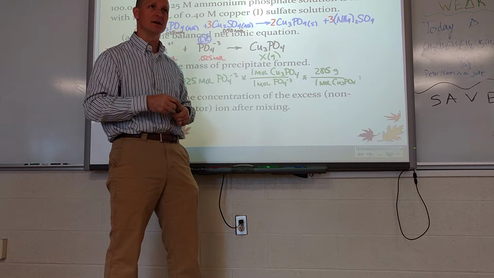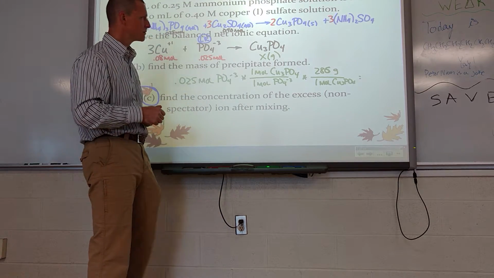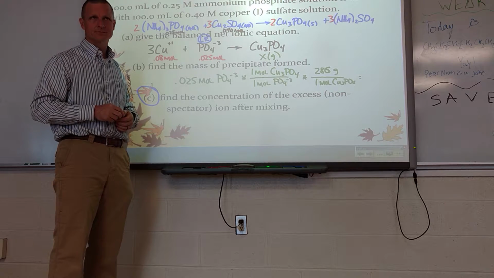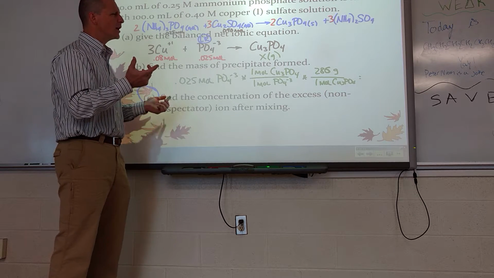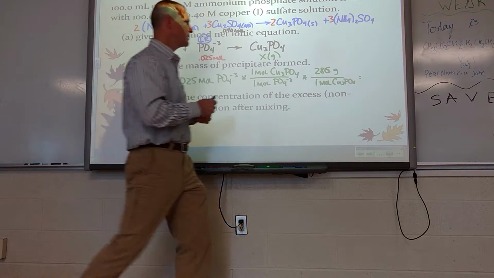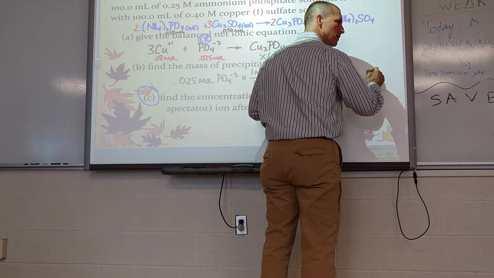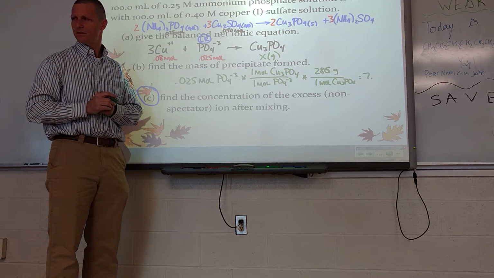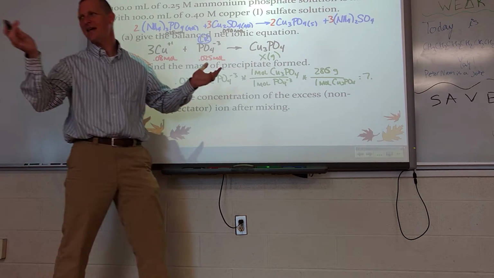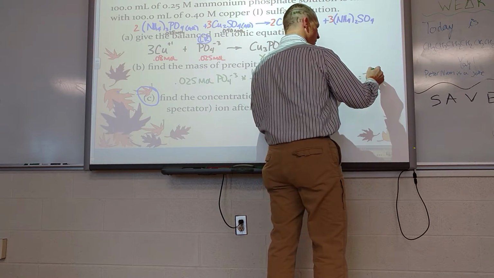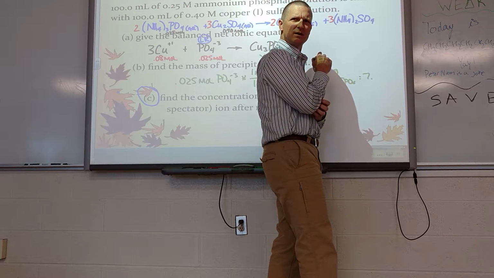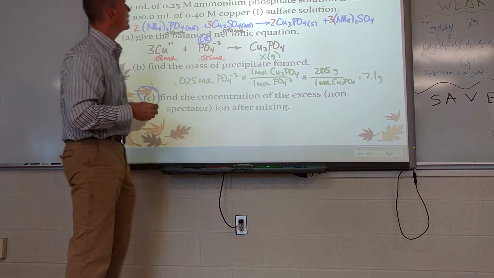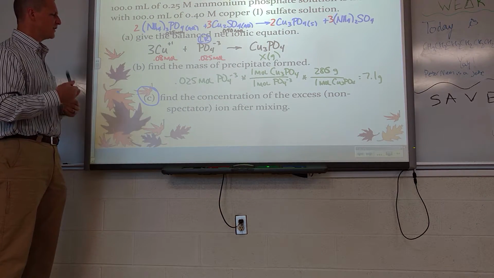Or grab your calculator if you can and do it that way. So you get what? 7.7 grams? No, 7.1. Okay, what was the difference? So what did you say then, those of you that calculated 7.1? So it was just 3 sig figs. Yeah, we're only allowed to have 2 sig figs on this thing.